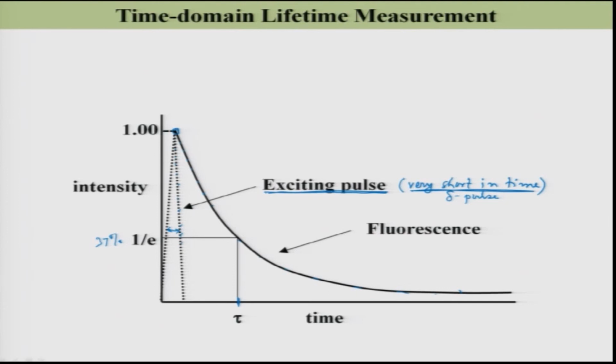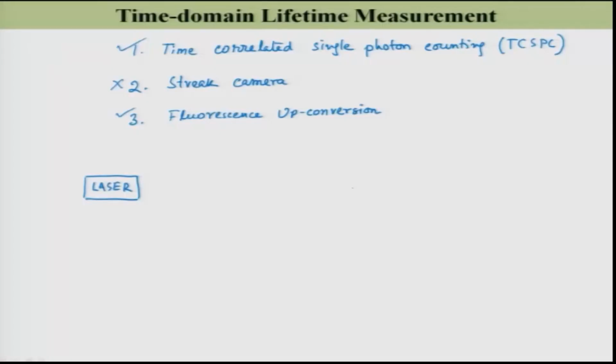So, light is on only for 1/10 second, that means 10 to the power minus 1 second. But I need 10 to the power minus 12 second, I need 10 to the power minus 15 second. How am I going to get that? You cannot make an electrical device by which you can turn on and turn off so fast. So, I need some unique device which can generate such short light pulses, and laser is one of the devices which can generate that short light pulse.